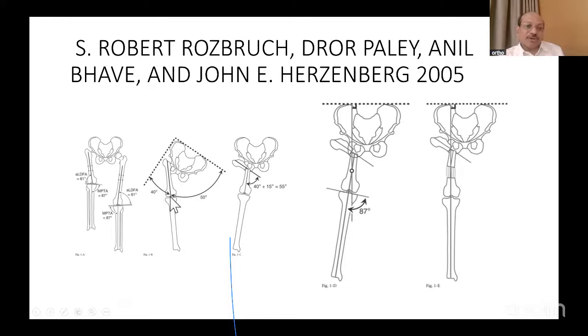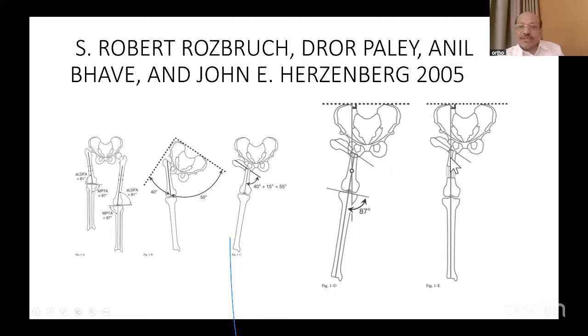Suppose it is 40 degrees, then we have to add 40 plus an overcorrection of 15 degrees. Suppose it is 30 degrees, 30 plus 15 is equal to 45. As it is 40 degrees adducted, it is 40 plus 15, so 55 degrees of abduction is required. So valgus is required. Accordingly, you have to correct the mechanical alignment by the distal osteotomy.